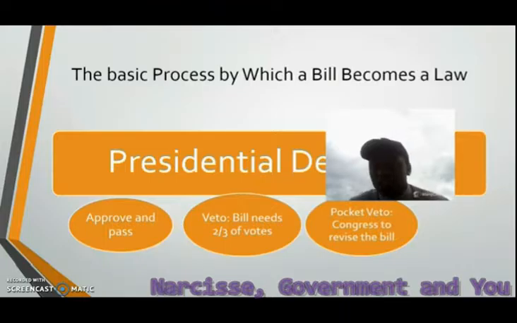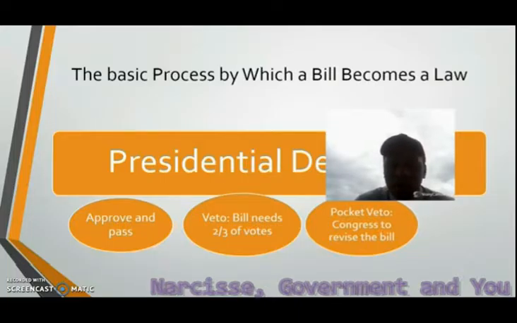Then the Congress should revise that bill and vote. Then if the bill gets 2/3 of the votes, it also becomes a law. This also shows how the decisions or the branches work together to make the laws.